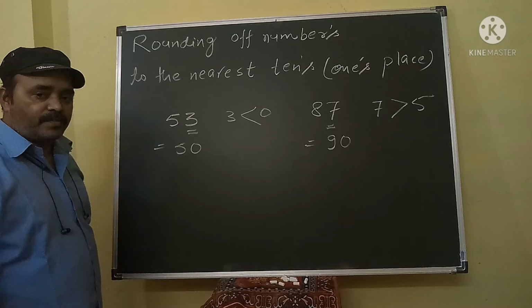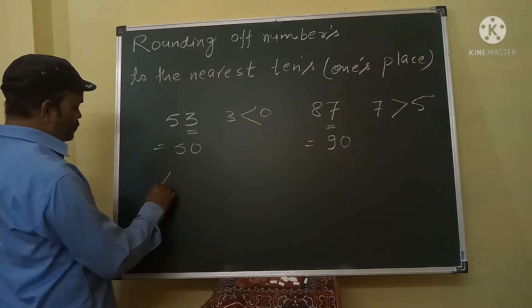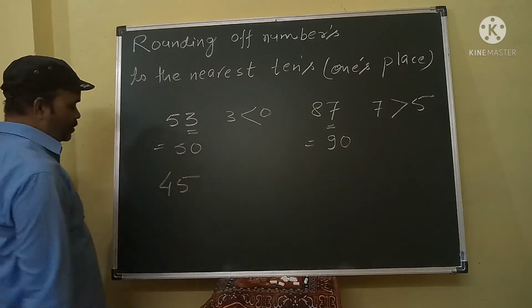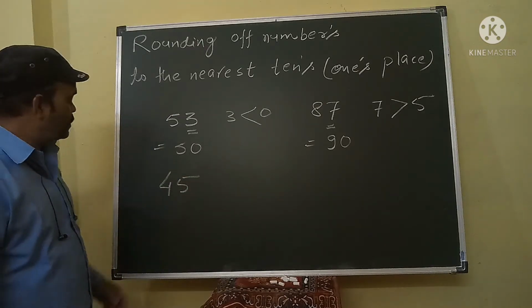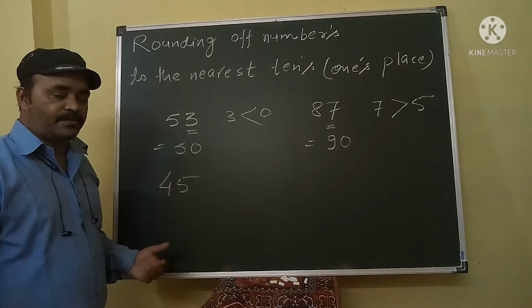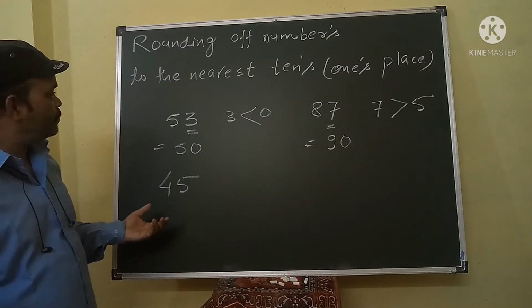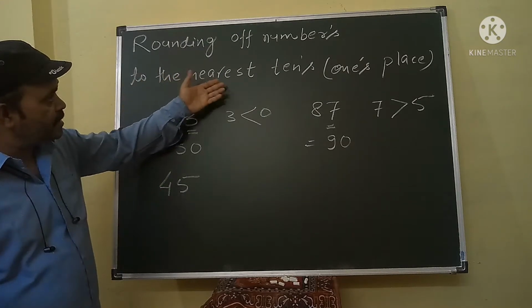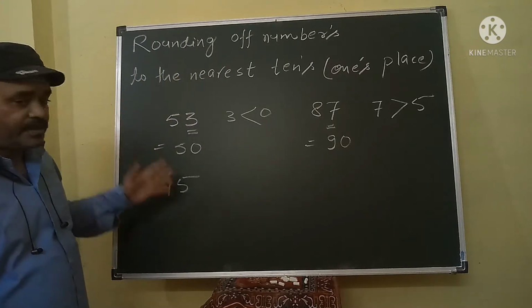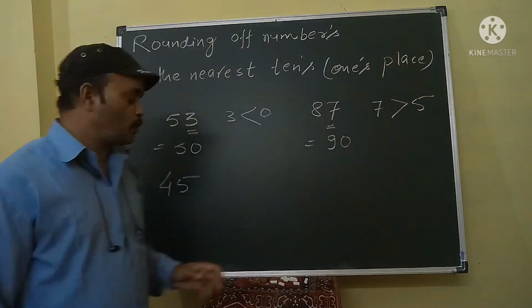I want to give one example to you. Suppose this is 45. You will find the rounding of 45 to the nearest tens. For the nearest tens, in every example you will find the ones place digit.